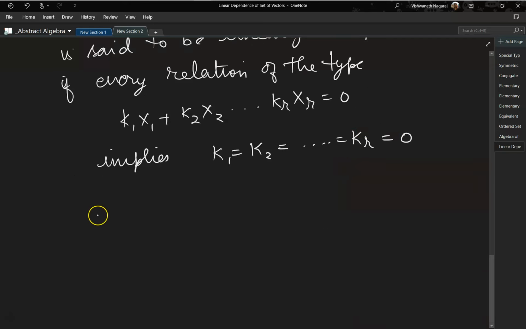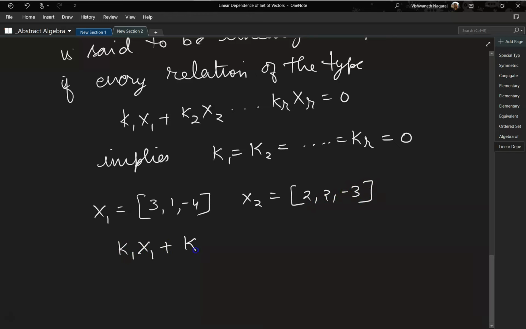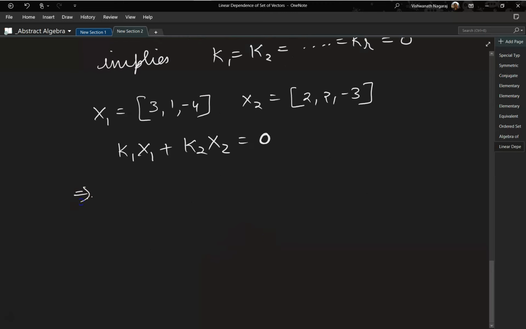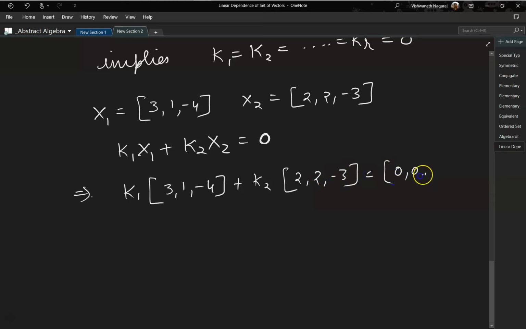So let's do an example and see. Let's say x1 is equal to 3, 1, minus 4 and x2 is equal to 2, 2, minus 3. So again k1 x1 plus k2 x2 is equal to 0, which implies k1 times 3, 1, minus 4 plus k2 times 2, 2, minus 3 is equal to 0, 0, 0.